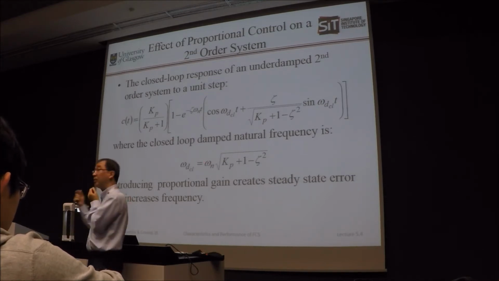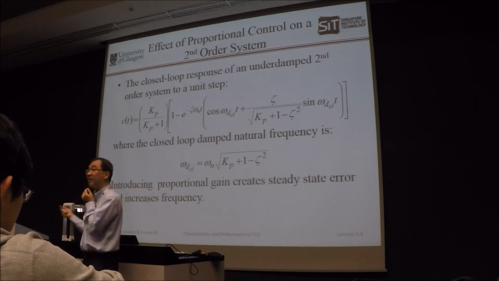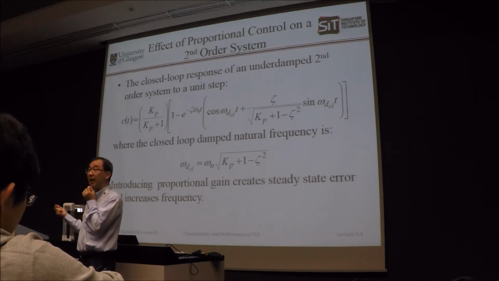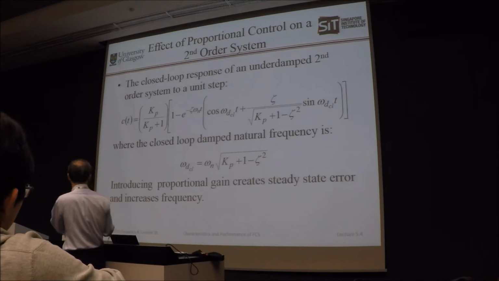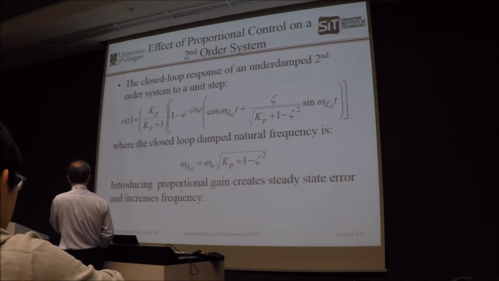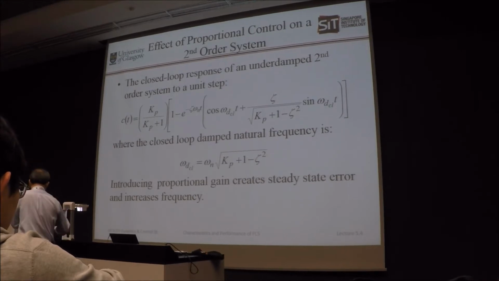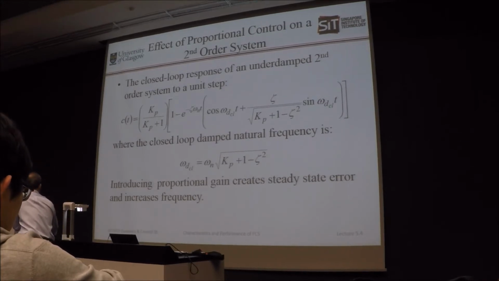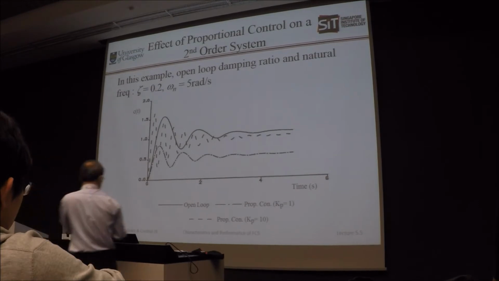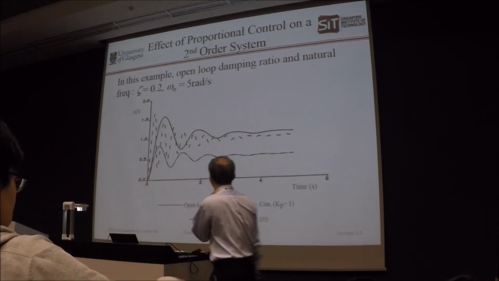But now Kp is equal to 10, so it's 11 minus zeta squared. So it will be a larger value for your omega d. And that is why we say, introducing your proportional gain, you create steady state error, and at the same time also increase the frequency.